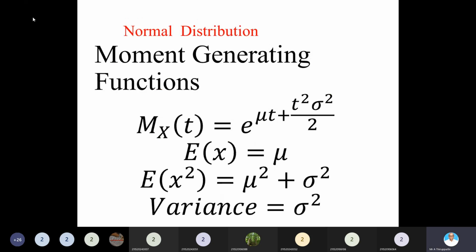Moment generating function of the normal distribution M x of t is equal to e to the power mu t plus t square sigma square by 2. Mean of the normal distribution is mu. Expectation of x square is equal to mu square plus sigma square. Variance is equal to sigma square.